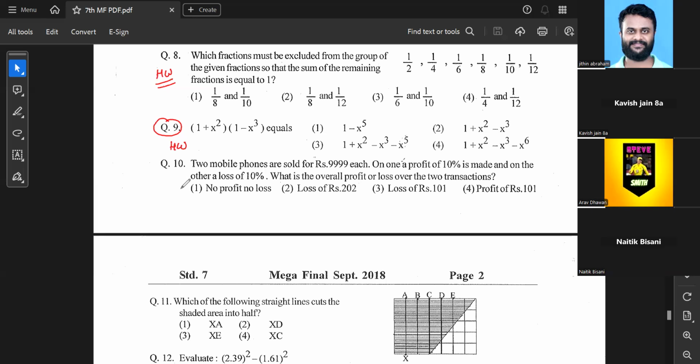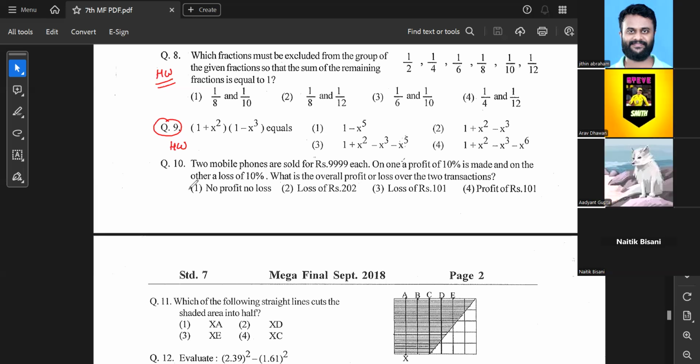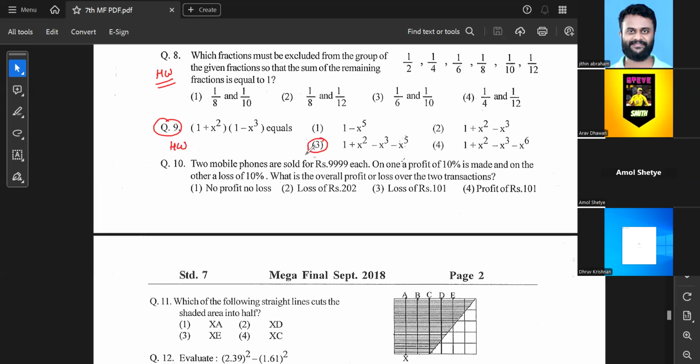Answer is C, right? Answer is third one. Sir, answer is A, right? Wait. Sir, I don't think it should be A. I feel it should be C. I got C. I also feel it should be C, sir. I'm telling you without solving this, but I feel this should be the answer.